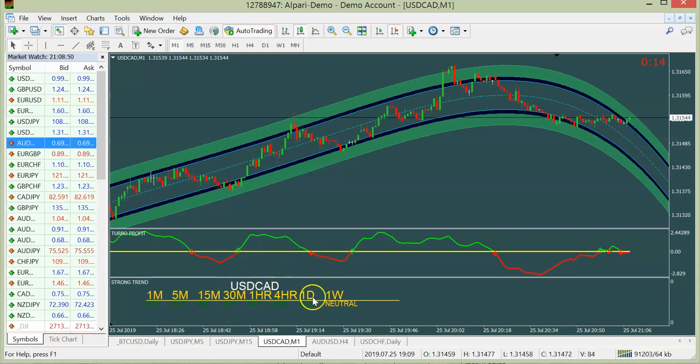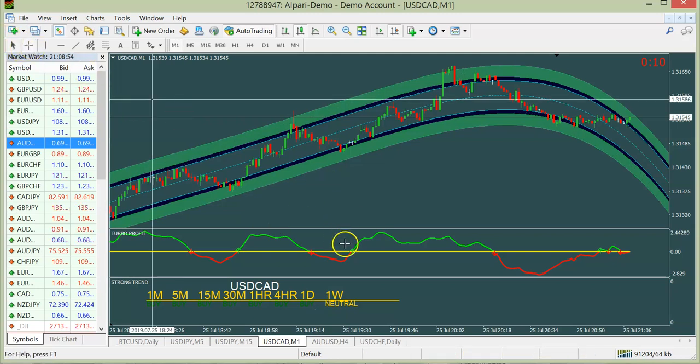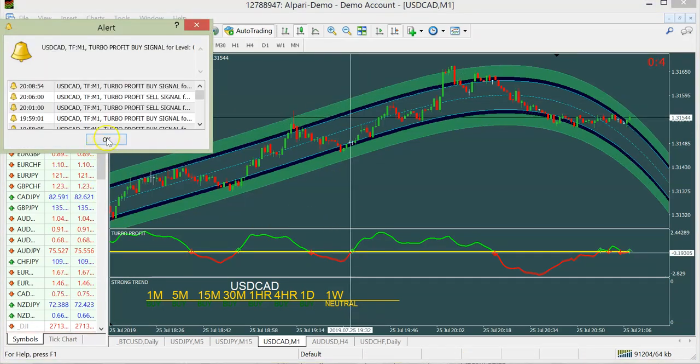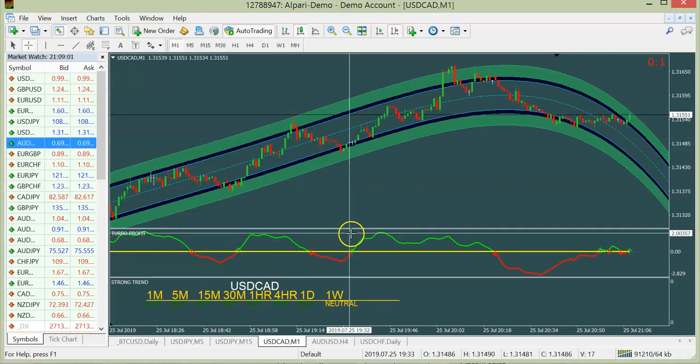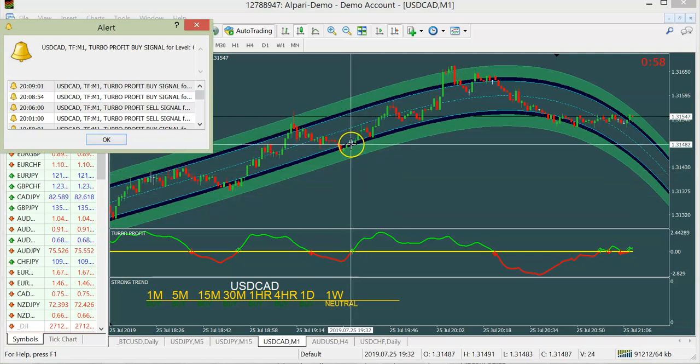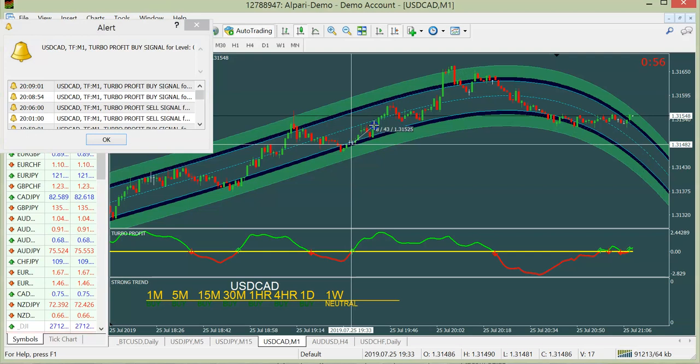Let's see some sell trade. Of course, here we have another one green. Another one green. Here you see 10 minutes, 15 minutes, all in the money.